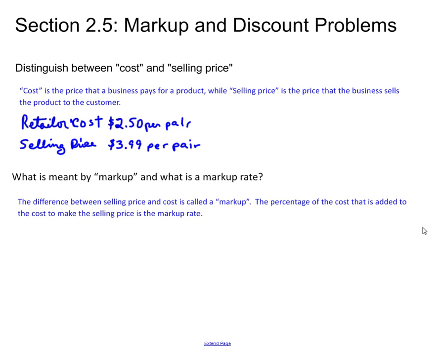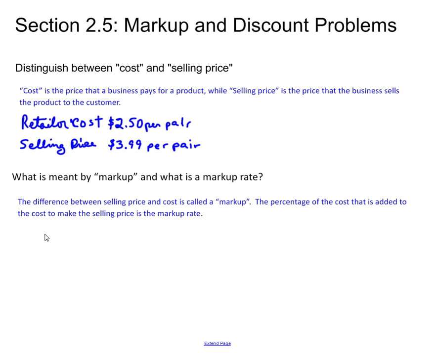Well, how do we figure out what that markup rate is? Well, let's go with our problem since we're on it. Our retailer is buying these socks at $2.50 per pair, but we are paying the price of $3.99 per pair. What's our markup? Well, the markup is easy. I'm going to write a formula right here.